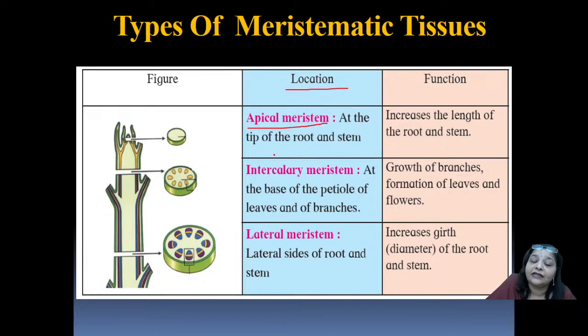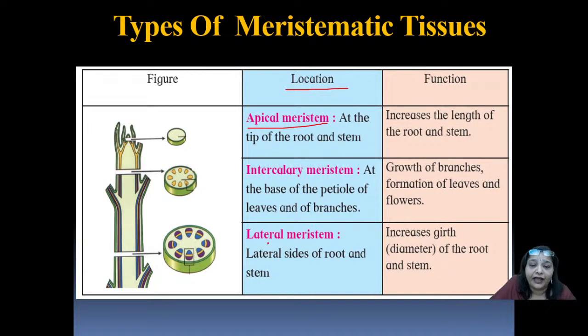Whereas the intercalary meristem is located at the base of the petiole of leaves and of branches. That is where the leaves are produced and where the branches arise. At that place you find the intercalary meristem. What is the function of this intercalary meristem? It helps in the growth of the branches, formation of leaves, and of course even the flowers.